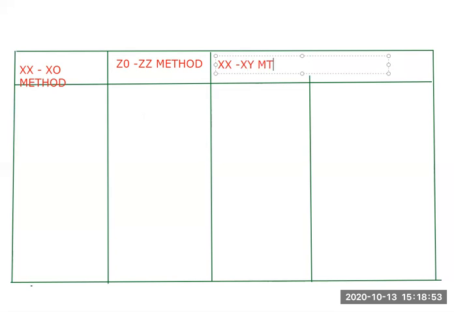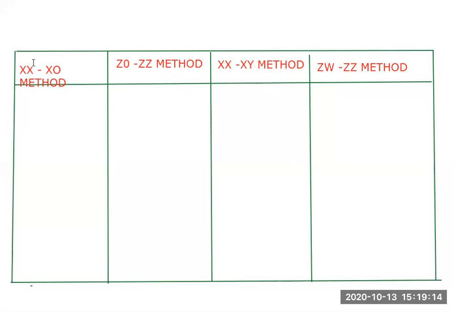It seems to be confusing, but when we complete it, it will come very easy. Then the ZW, ZZ method. The only thing you have to remember is the headings: XX, XO method, ZO, ZZ method, XX, XY method, ZW, ZZ method.